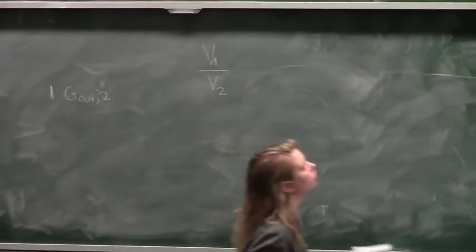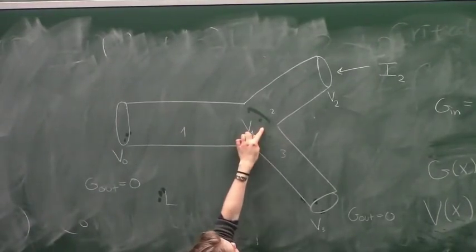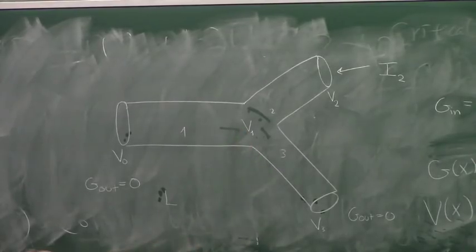And then if you notice, conductances add, since these are basically like in parallel. So this G out 2 here is going to be equal to the G in 3 plus the G in 1.